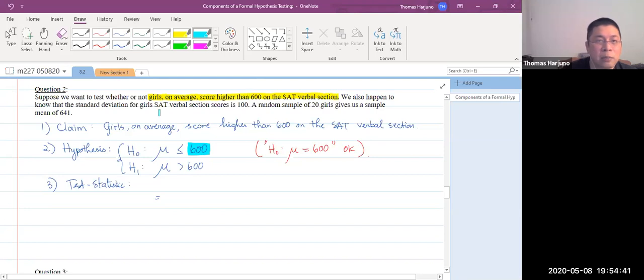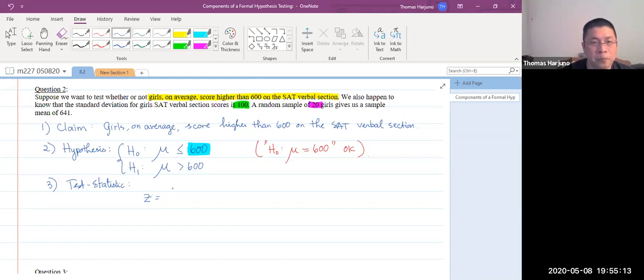Well, the sigma will be 100 in this one. Right? How about the n? This is the n. Because we know the sigma, we will use standard normal, z score, not t. We use t if we don't know the population standard deviation, and we replace that by sample standard deviation.